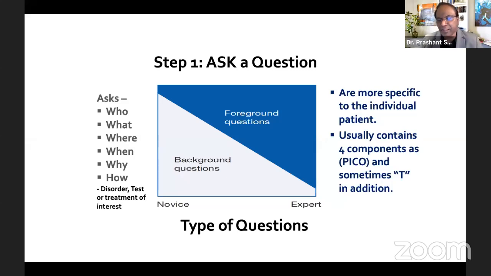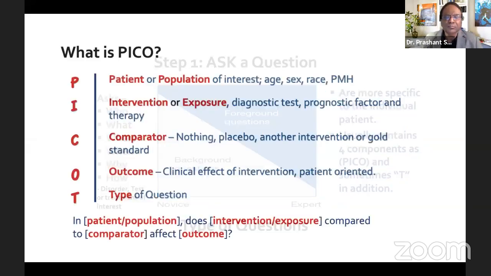Then there are foreground questions, which are more specific to the individual patient or population, and are very complex in nature. Foreground questions consist of 4 components, referred to by the acronym PICO. Sometimes you may find that a T is added at the end of PICO. So let's expand on PICO.